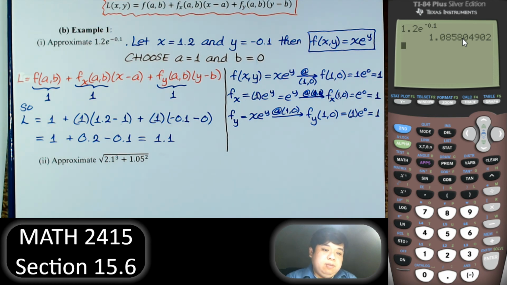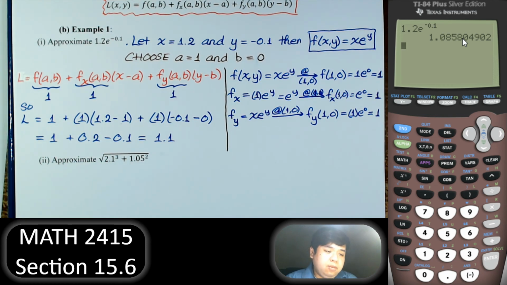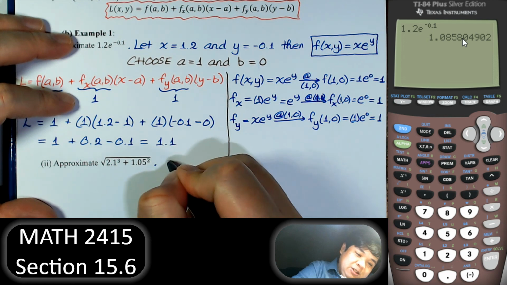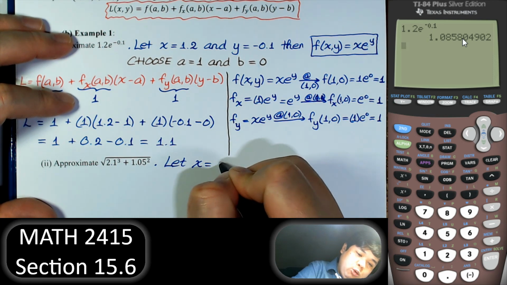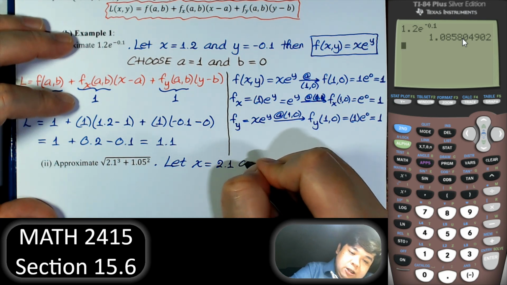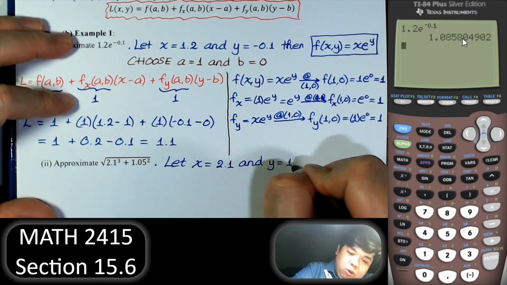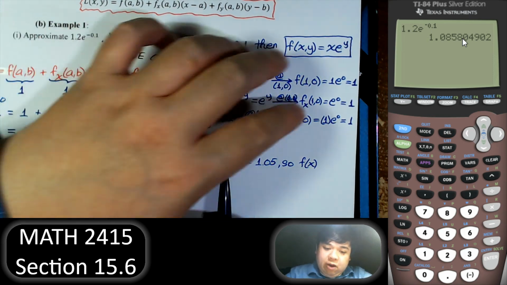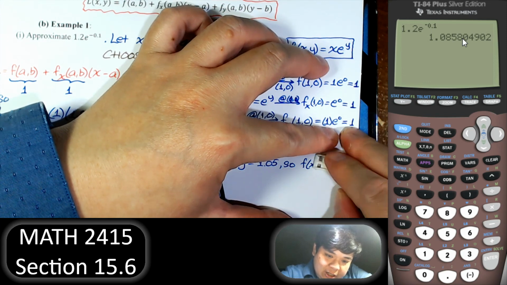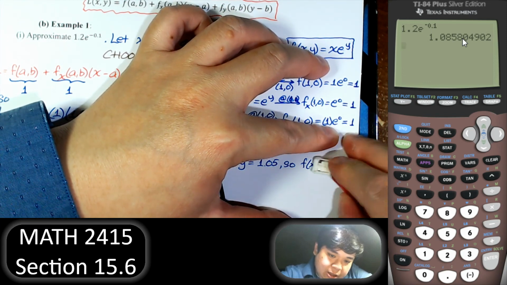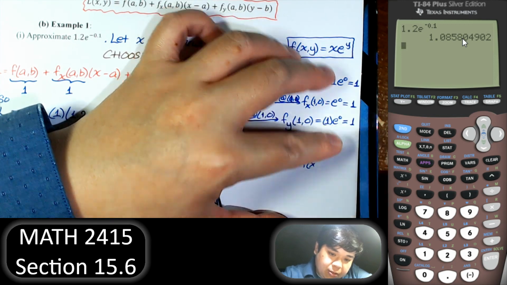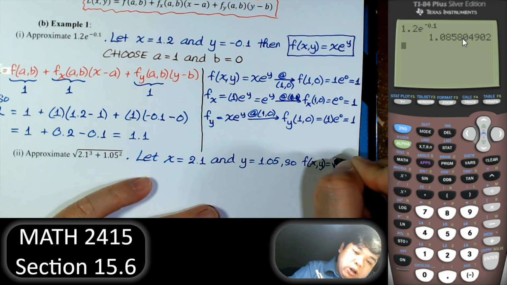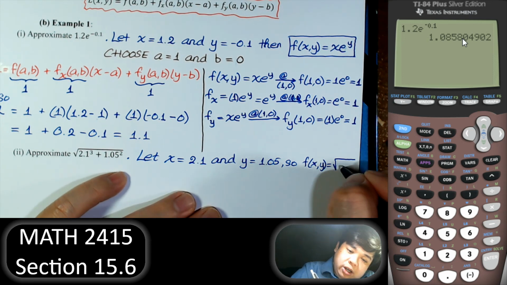Let's try it for this one. So when we have two numbers, let one of them be x, the other one be y. So x is 2.1 and y is 1.05. Because of that we have the function of x and y, the square root of x cubed plus y squared.